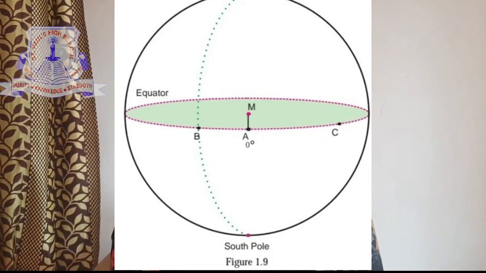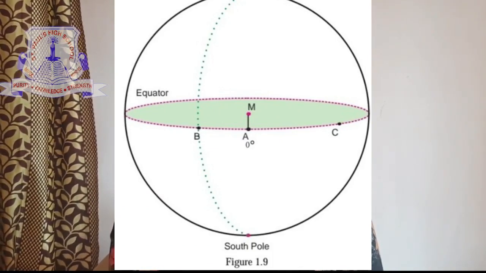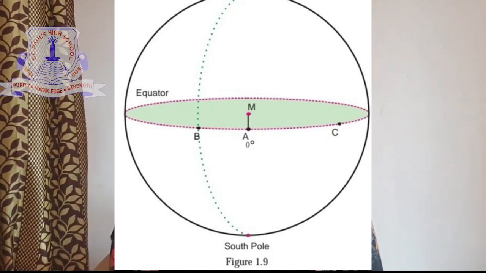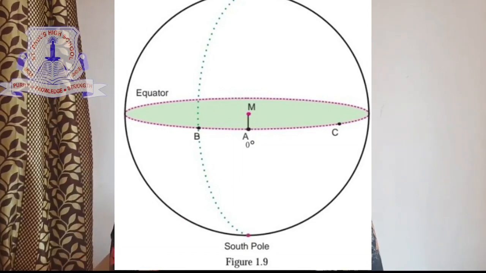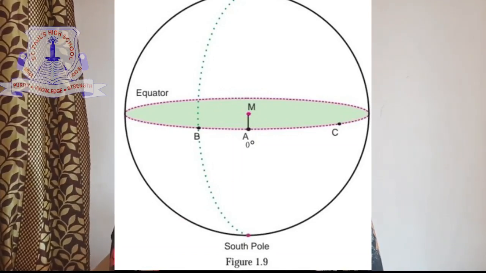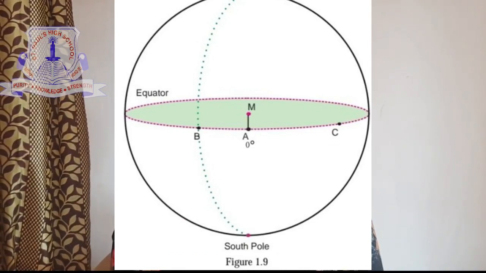Let the line AM be at 0 degree. Draw the line MB, measure the angle it makes with the line AM and write it near B. Note the semicircle that passes through B and joins the north and south poles. Now trace it.